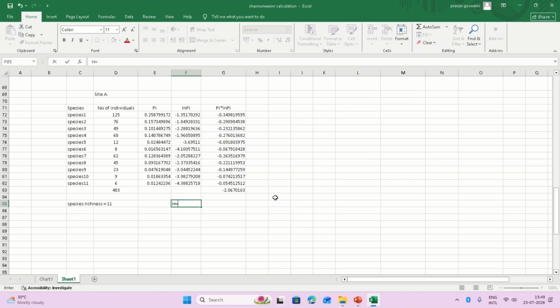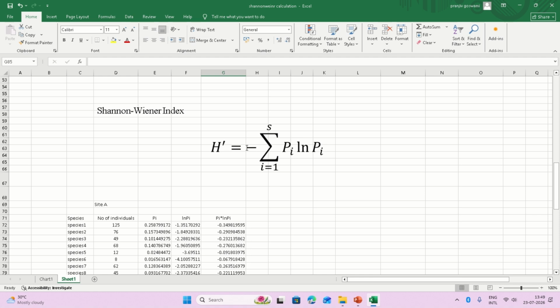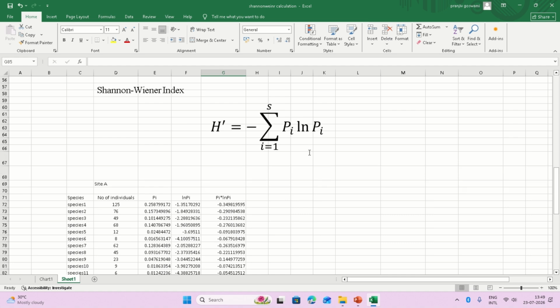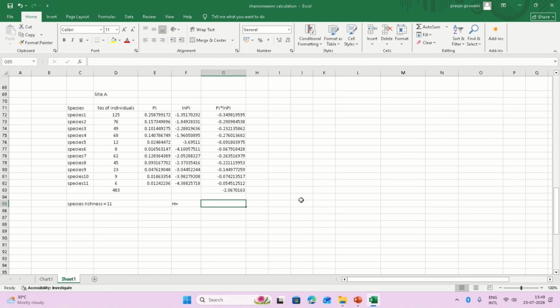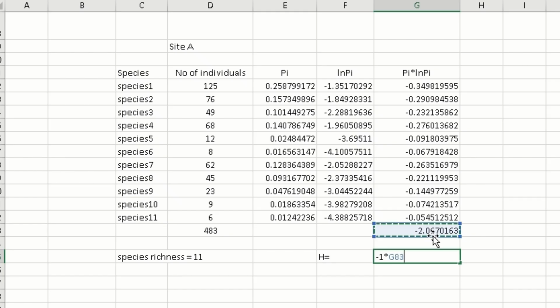I already told you not to forget this negative sign. So this value has got the negative sign already. That is why we multiply this value by -1, like this.